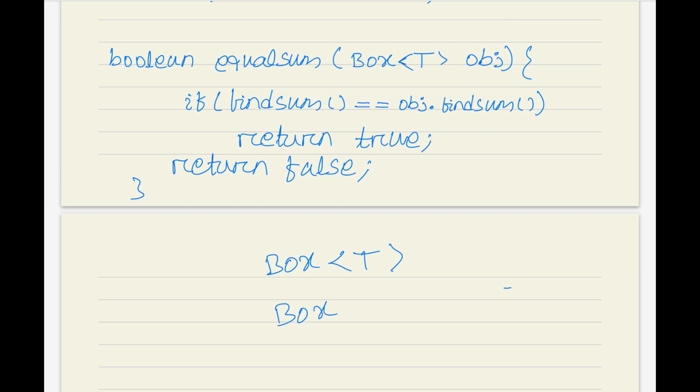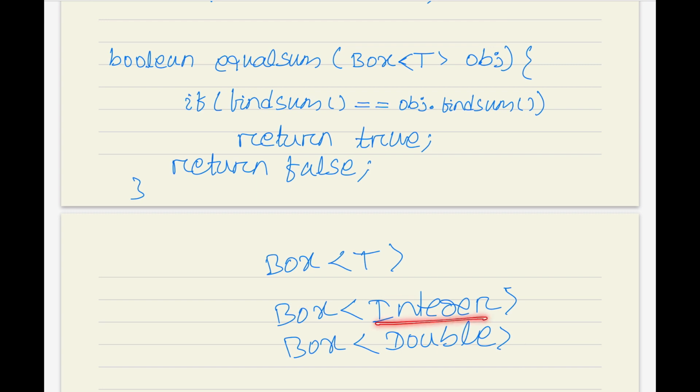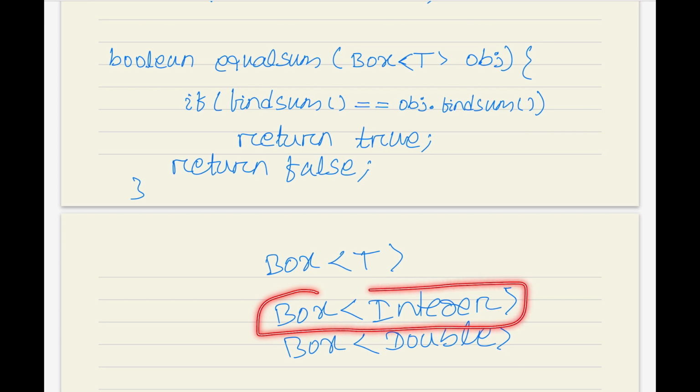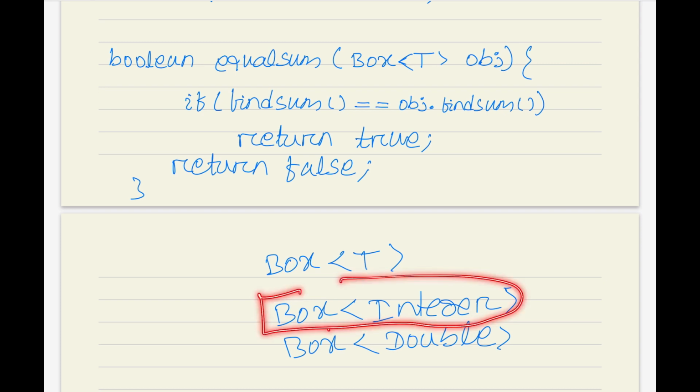That means it may be Box<Integer>, it may be Box<Double>, like that. We don't know whether it is integer or double or short, but both belong to the same type.